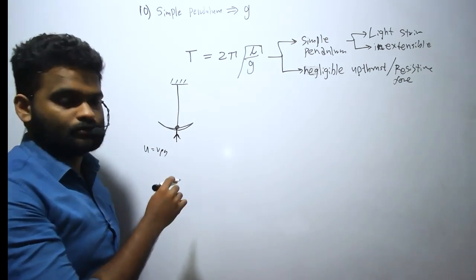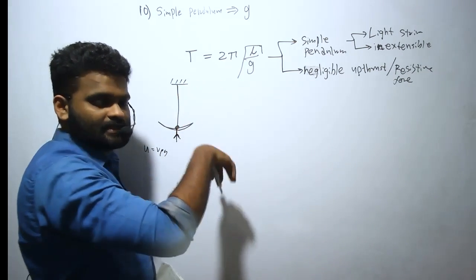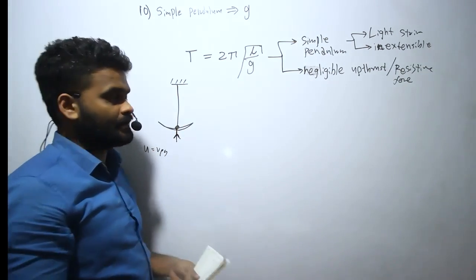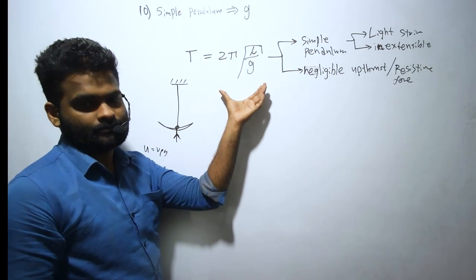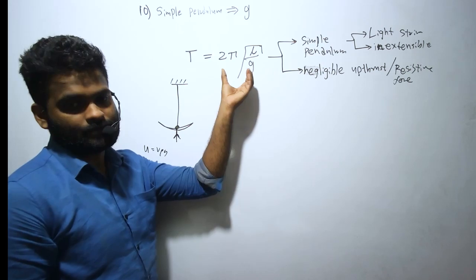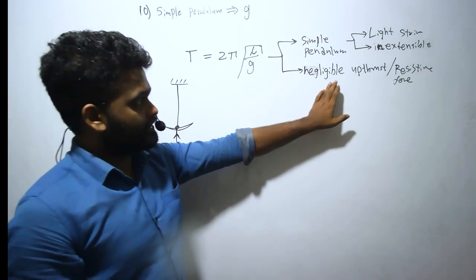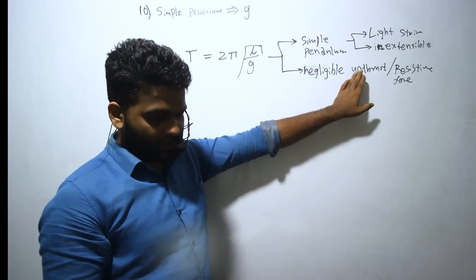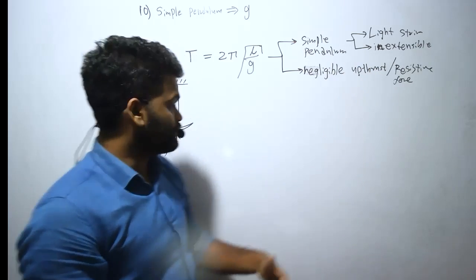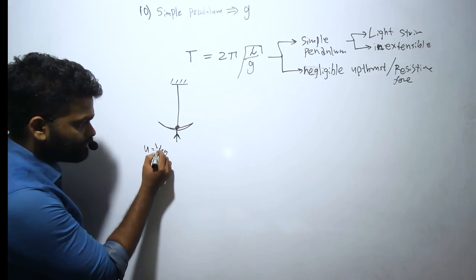So we cannot use this equation inside a liquid, right? We have to do this in air or a vacuum. Then we can apply this equation. So we can say upthrust is negligible. You know upthrust is Vρg.